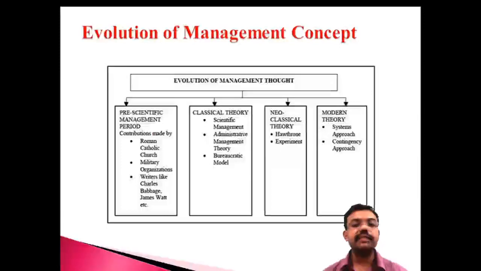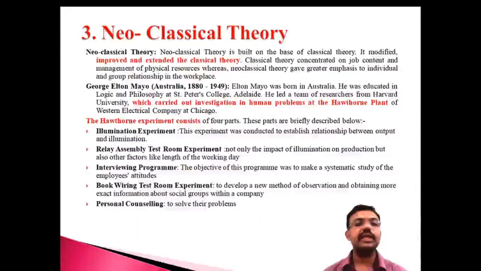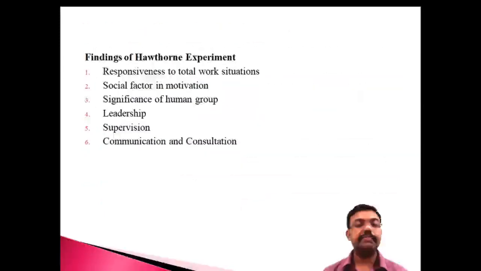In the neoclassical period, an important experiment is the Hawthorne experiment: the illumination experiment, relay assembly test room, interview program, bank wiring test room, personal counseling. The findings: employees respond to the total work situation, the social factor in motivation, and the significance of the human group, leadership, supervision, communication, consultation, essential for an organization.